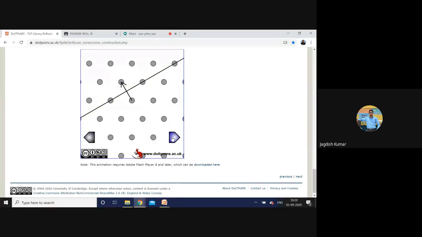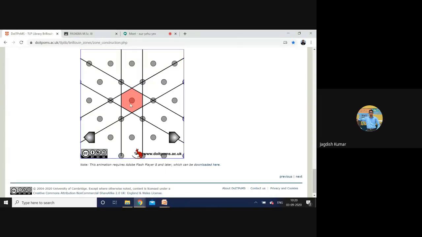Draw perpendicular bisectors. Do it for all the 6 nearest neighbors. So this innermost cell enclosed by all these Bragg's planes or the perpendicular bisectors is called the first Brillouin zone for the 2D hexagonal lattice. This is quite simple. I hope it should be clear.